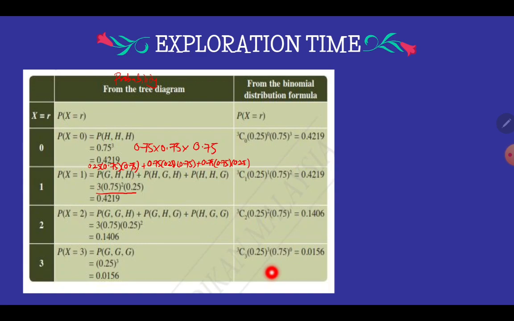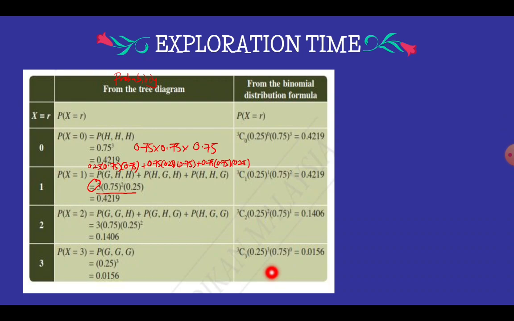This is why 3: we have 3 possible outcomes. In all of these terms we have 0.75 twice, so it is 0.75 to the power of 2 and 0.25 to the power of 1, giving a value of 0.4219.